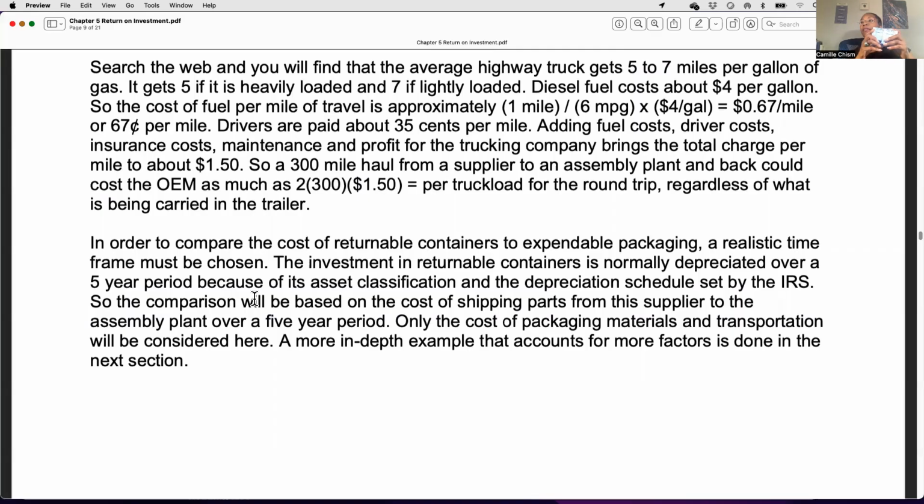So we're gonna look at this based on the 5-year period. Just keep that in mind as well. We're gonna say these containers are gonna be used over and over again for 5 years. And we want to compare how much it costs for this $150 container to be used over and over again for 5 years versus buying a new expendable container every single time over the 5-year period.